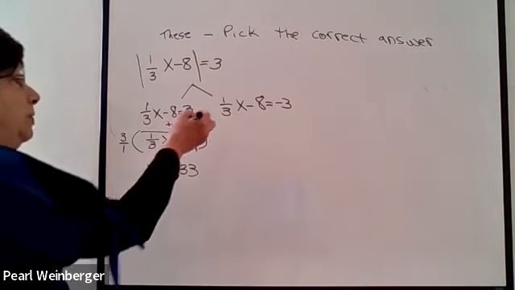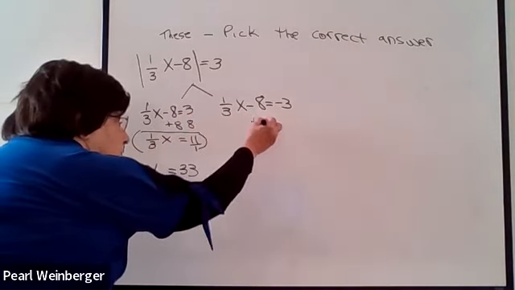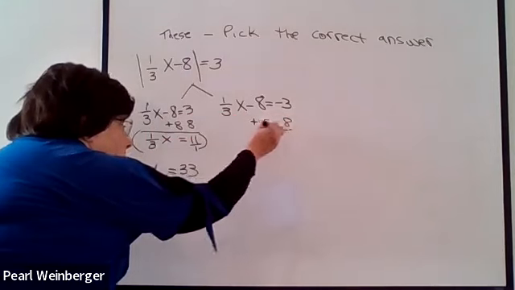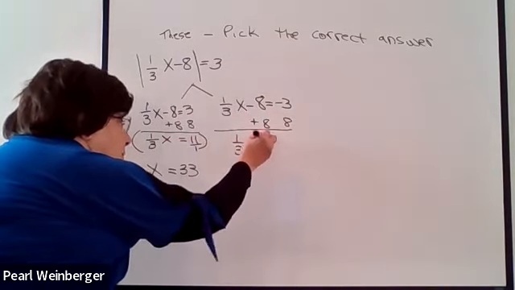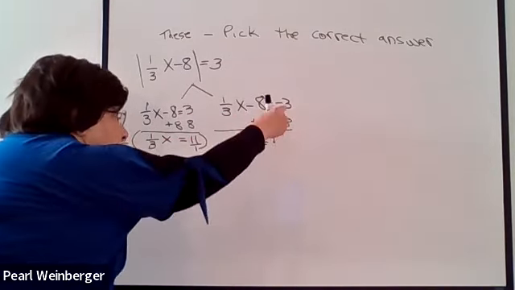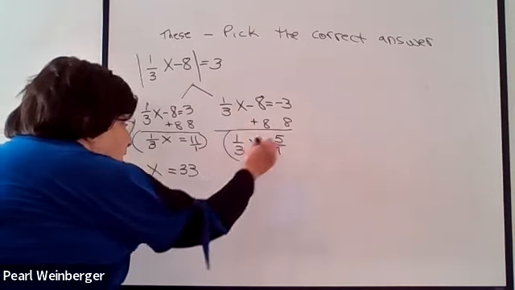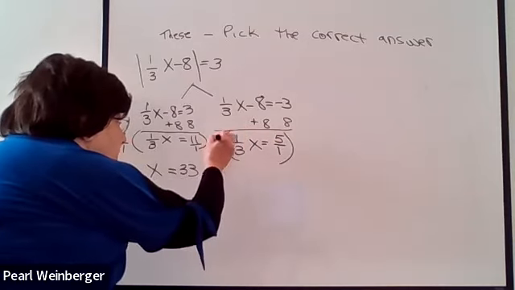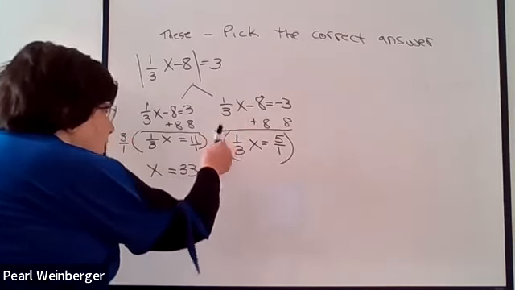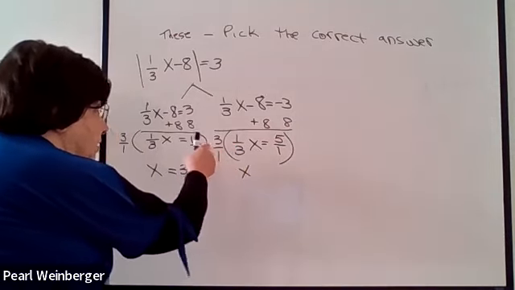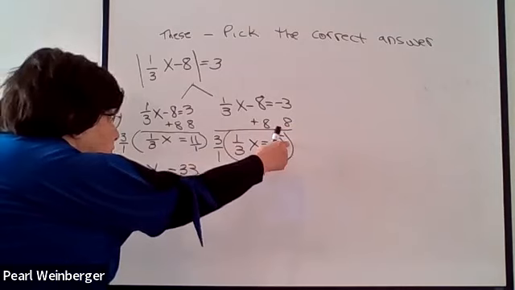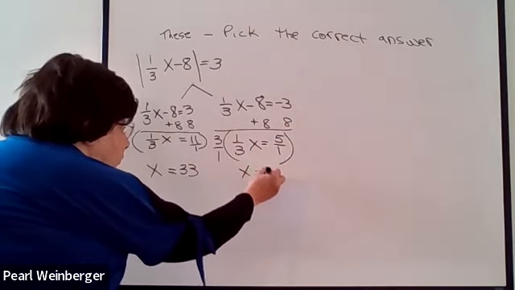We do the same thing over here. We add 8 to both sides. And I get 1/3 x equals -3 plus 8, which is +5, which I'm going to write as 5 over 1. And again, I'm going to multiply this whole thing by 3 over 1. And again, the 3 over 1 times the 1/3 just gives me the x. And the 3 over 1 times the 5 over 1 gives me 15.